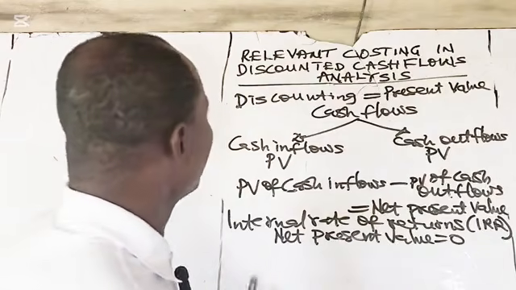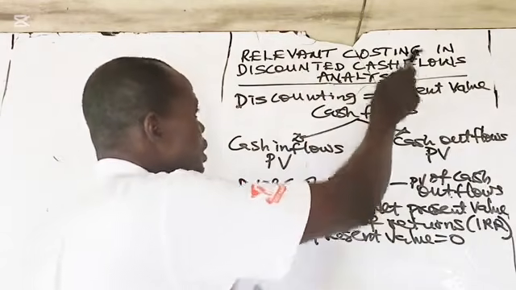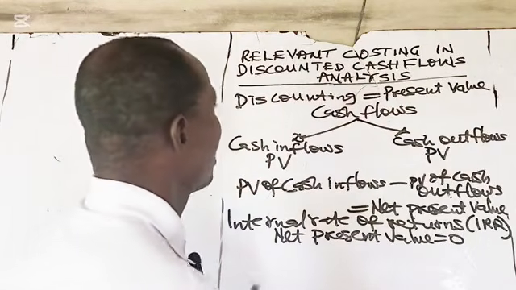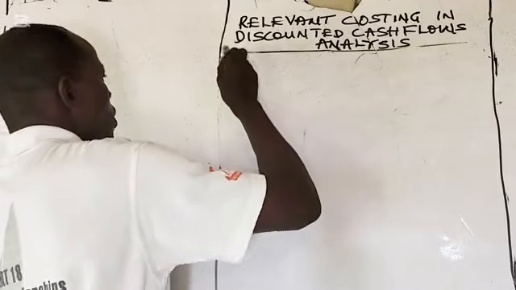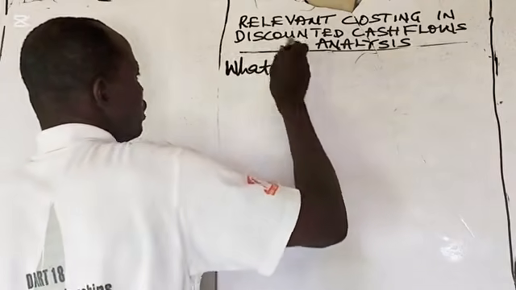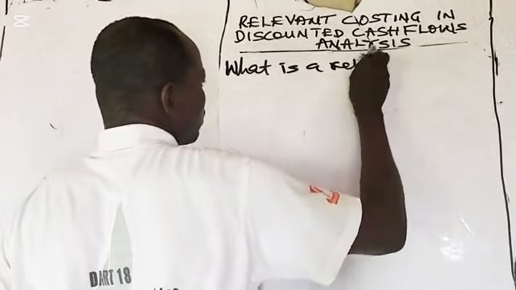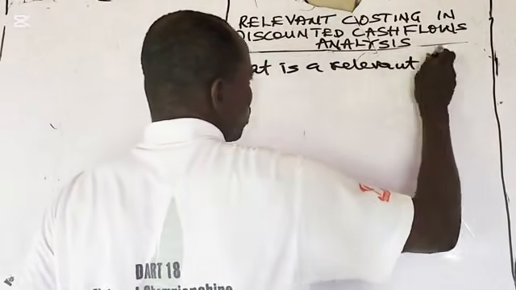But my focus in this lecture is relevant costing in discounted cash flows analysis. What is a relevant cost?